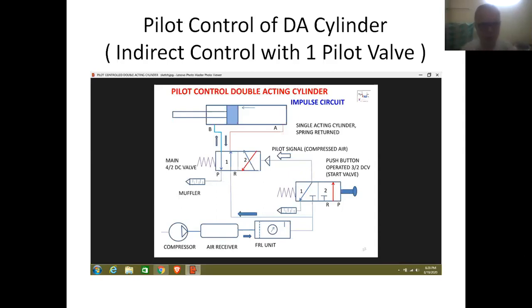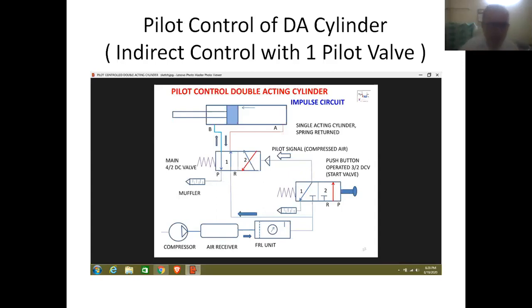So it has one inlet port, two outlet ports, and one exhaust port. So friends, totally it has four ports. So therefore, it is referred to as a four-way DC valve.